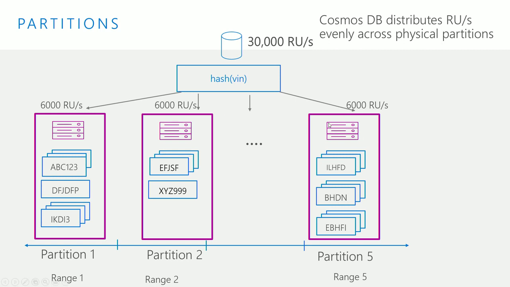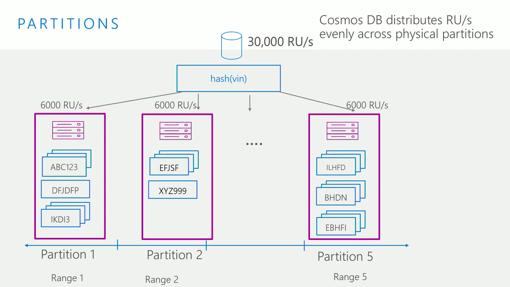So the RUs are distributed evenly among all the partitions, which means that if I keep writing to the same partition, I'm going to get bottlenecked, right? And then my overall throughput is going to suffer. Which is why it's really important for write-heavy scenarios to have a high cardinality of values and then write them all to Cosmos DB at a high rate.